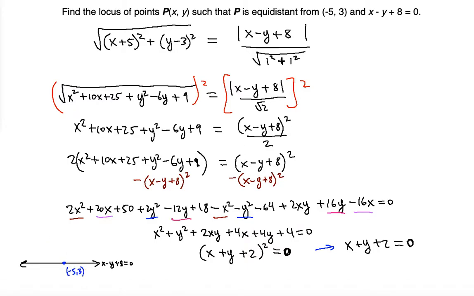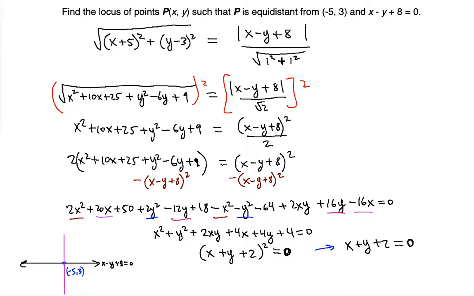Why on it? Because this locus that we found is going to be perpendicular. Why perpendicular? Because if it's not perpendicular, it's not going to be equidistant from this point and the line.